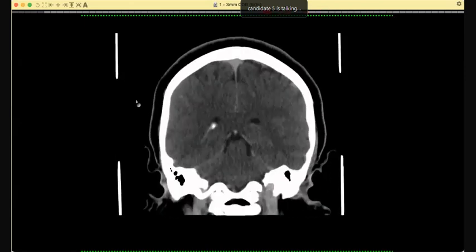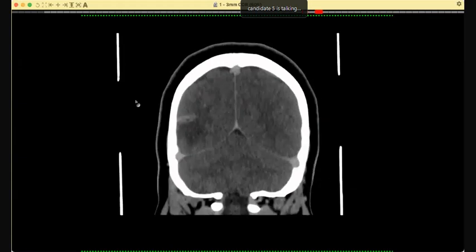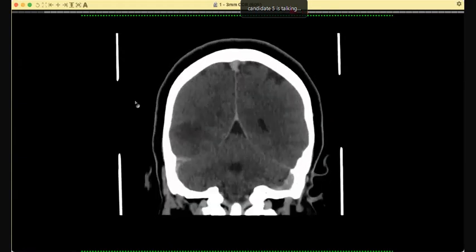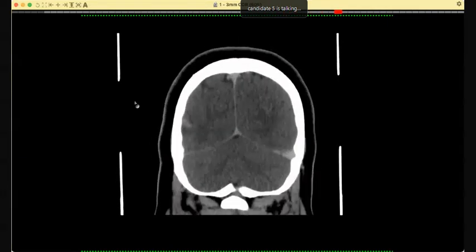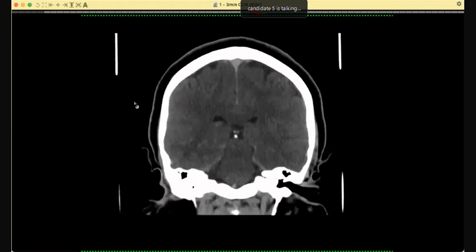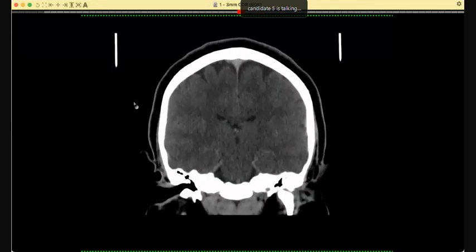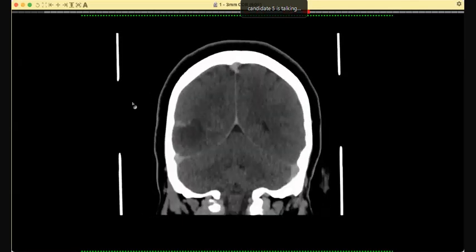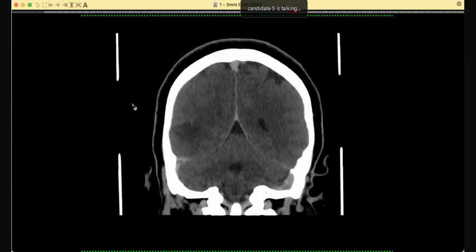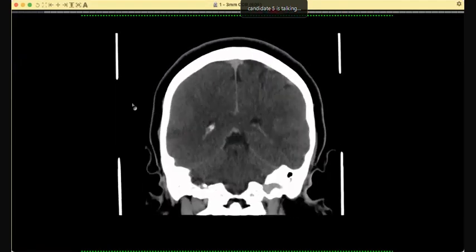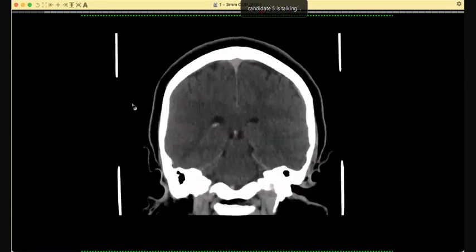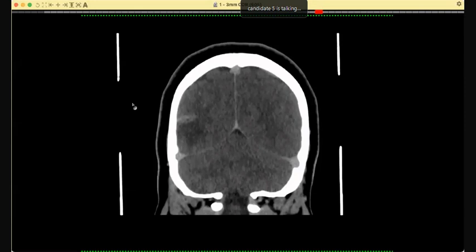In a patient with gyriform kind of enhancement, I would like to inquire about any history of fever. No fever. The differentials for gyriform enhancement include encephalitis or a subacute infarct.